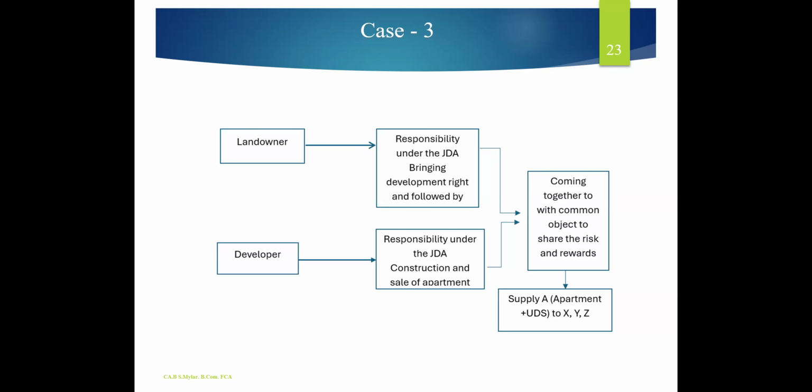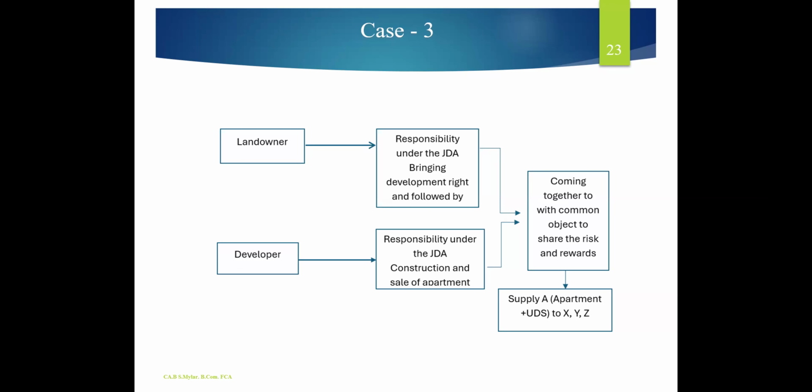So typically this transaction is where we have created an SPV. What happens here is the same, but the only difference is we have not created any SPV. Without creating an SPV, the documents are such that the risk and rewards are going to be shared among both.